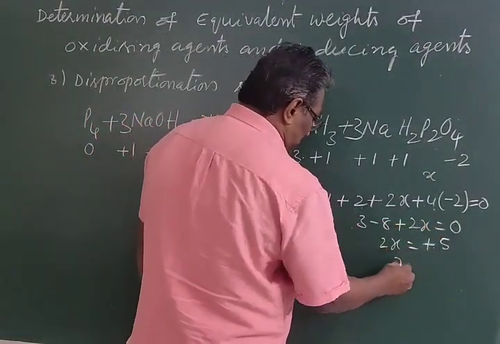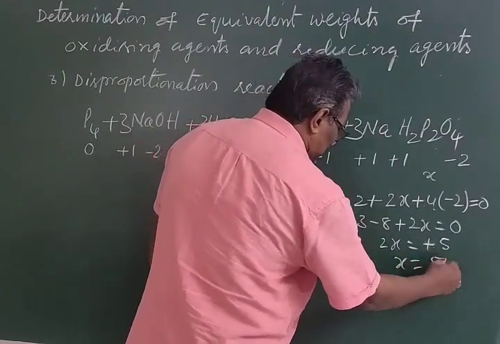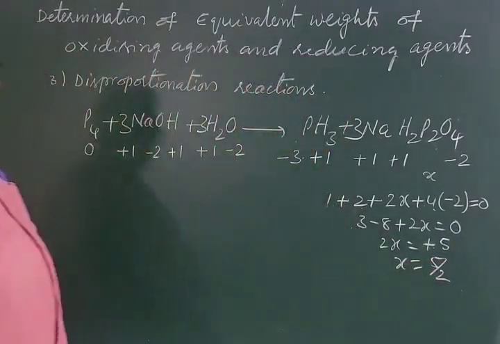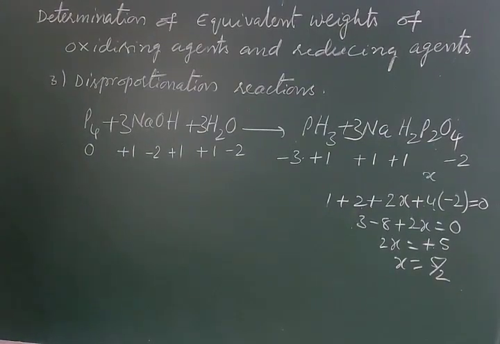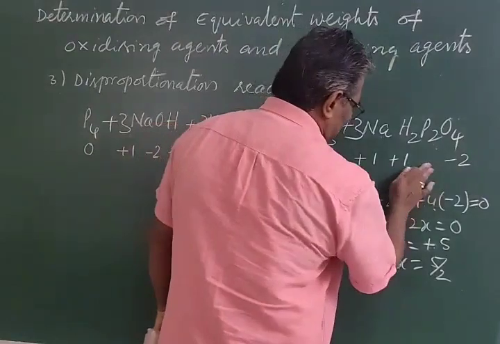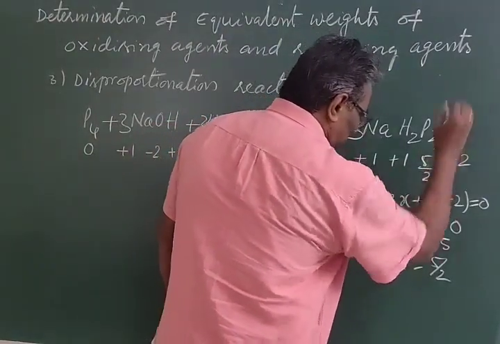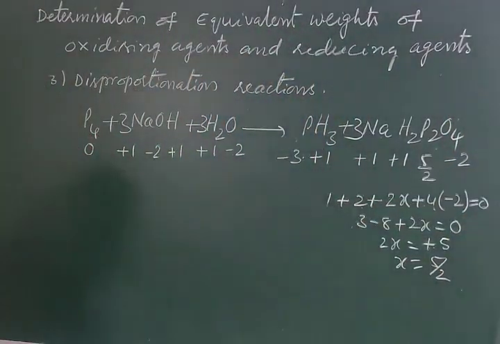This minus 5 becomes plus 5 when taken to the right side. 2x is equal to plus 5, or x is equal to 5 by 2. Oxidation state of phosphorus is 5 by 2. What is the oxidation state of phosphorus here? 5 by 2. Okay?